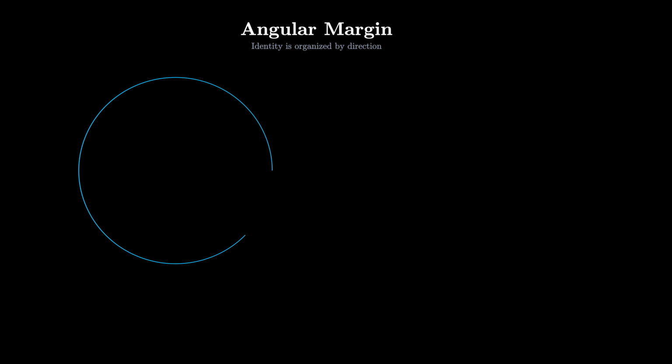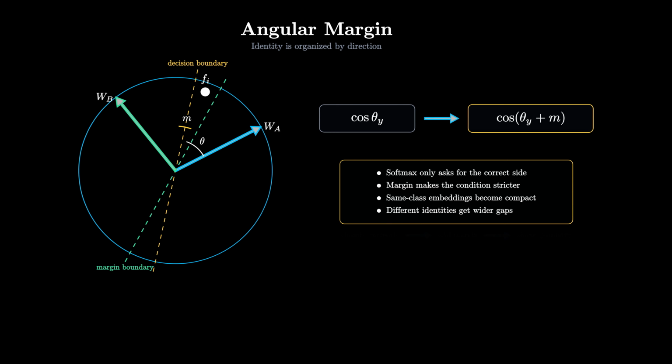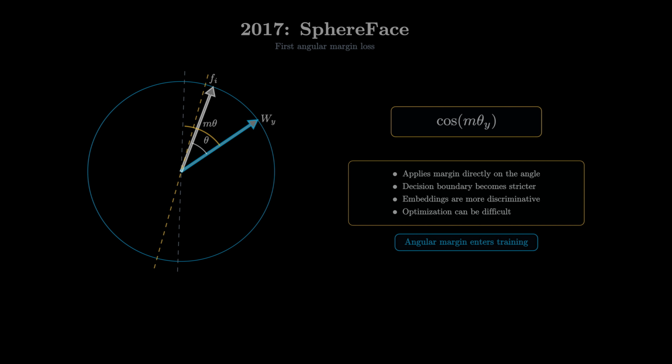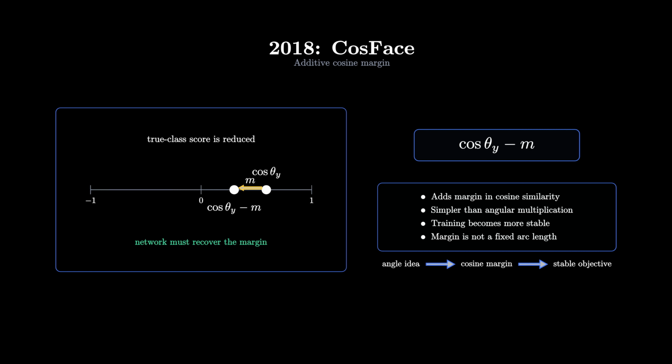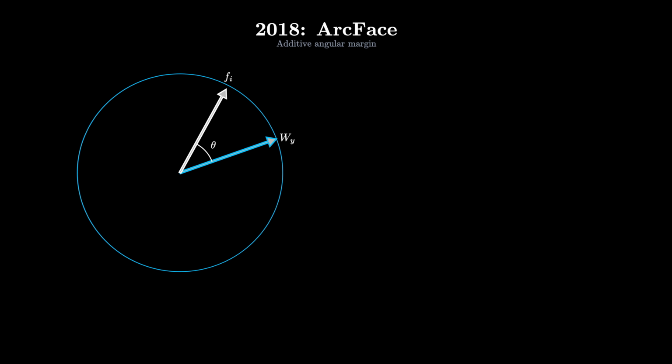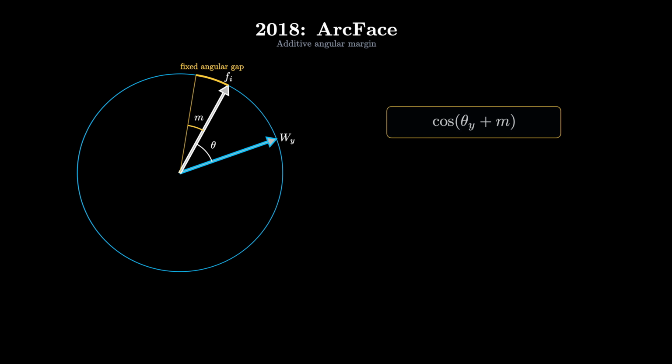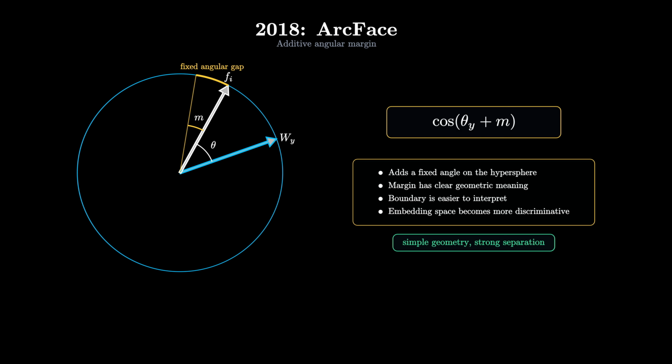Later, researchers found that angular relationships between vectors are very useful for representing identity. SphereFace introduced angular margin into the learning process. CosFace added a margin to cosine similarity. Finally, ArcFace directly added a fixed angular distance, called Additive Angular Margin.